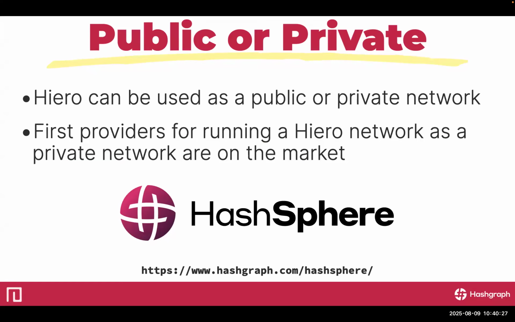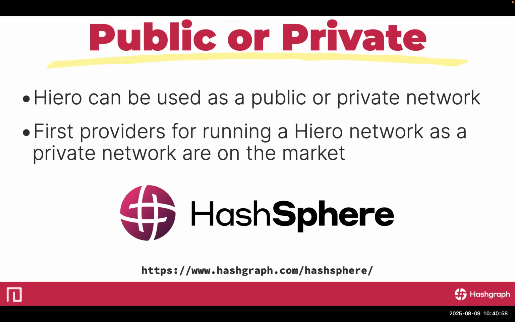And there's one new project called HashSphere, which is coming from Hashgraph, the company I'm working for, which is a little bit like a Hiero network as a service. So if you want to run a private network, maybe in your company or together with other companies, HashSphere is exactly that. We, as the main engineers coming from the Hedera ecosystem, will help you set up a network with as many nodes as you want.